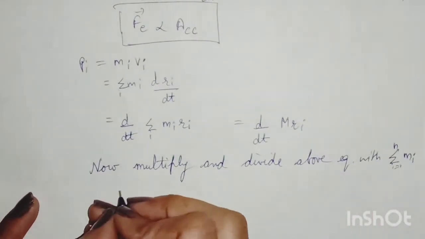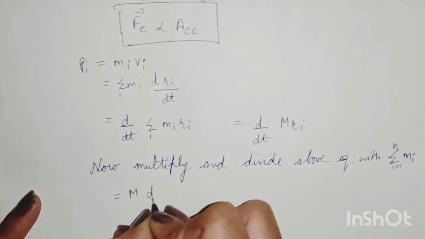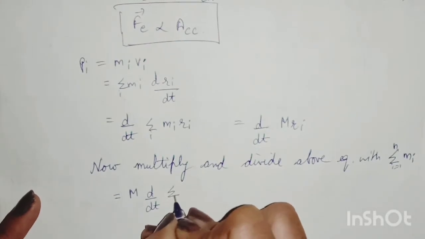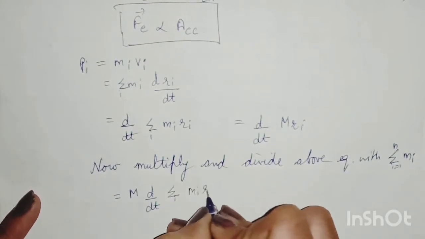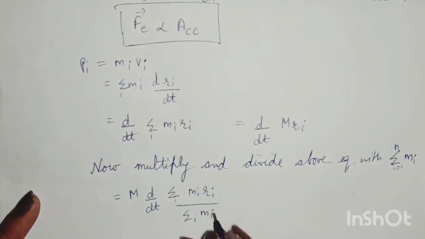So we get m d upon dt summation i mi ri upon summation mi.